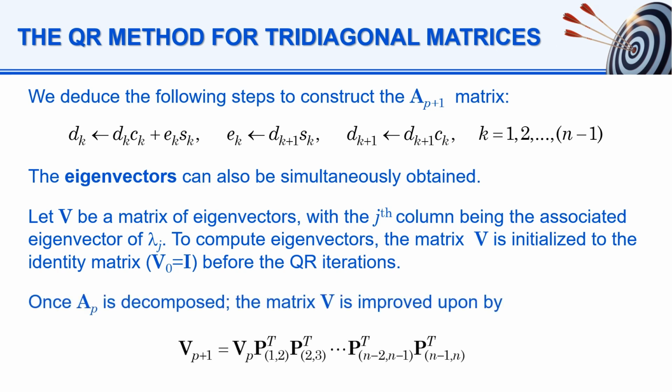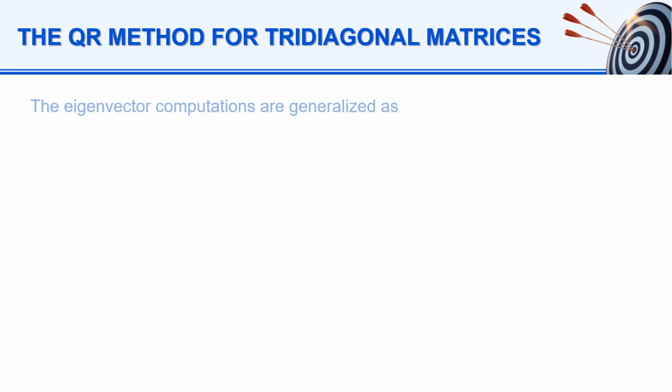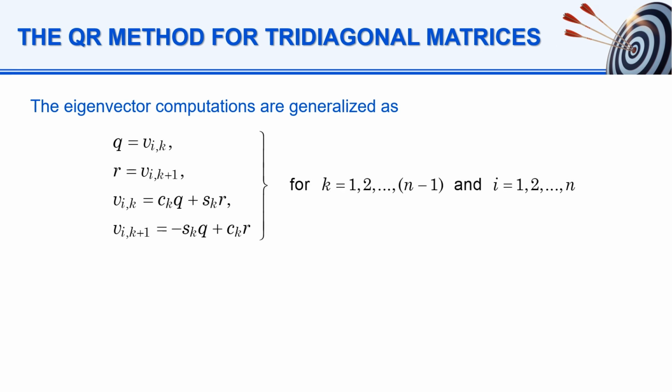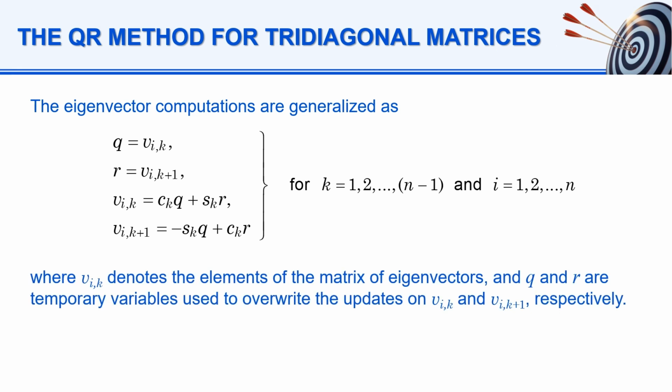Once the matrix AP is decomposed, the matrix V is improved upon by the following. The eigenvector computations are generalized as follows, where V i k denotes the elements of the matrix of eigenvectors, and the Qn are temporary variables used to overwrite the updates on V i k and V i k plus 1, respectively.